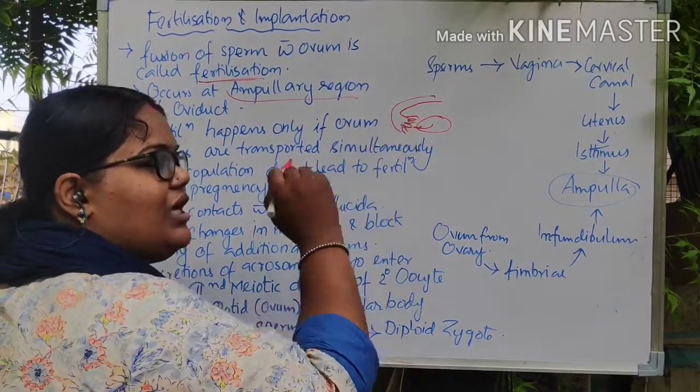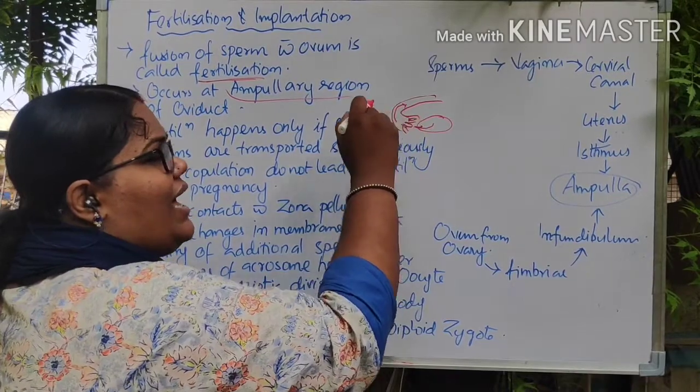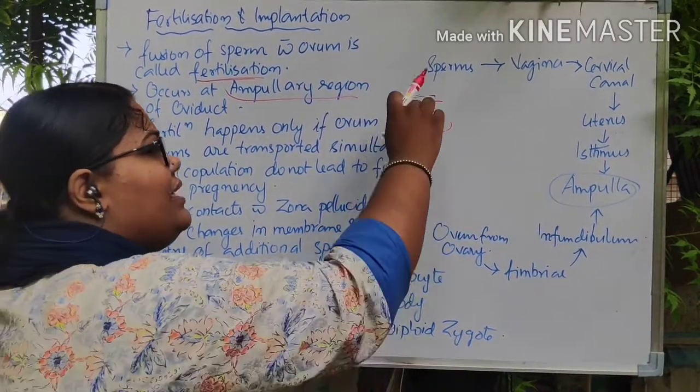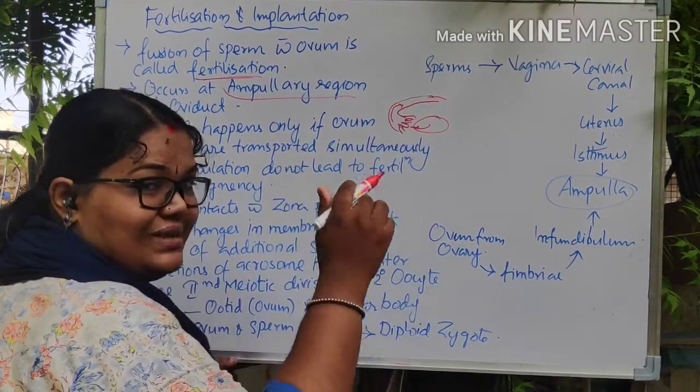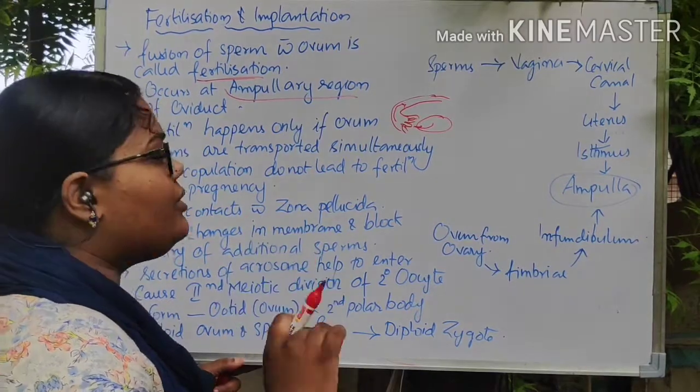It will be taken into the infundibulum, then carried into the ampulla, the wider part of the fallopian tube. Then there is a narrow part, the isthmus, which leads to the uterus. These are the parts of the fallopian tube. I hope you remember.